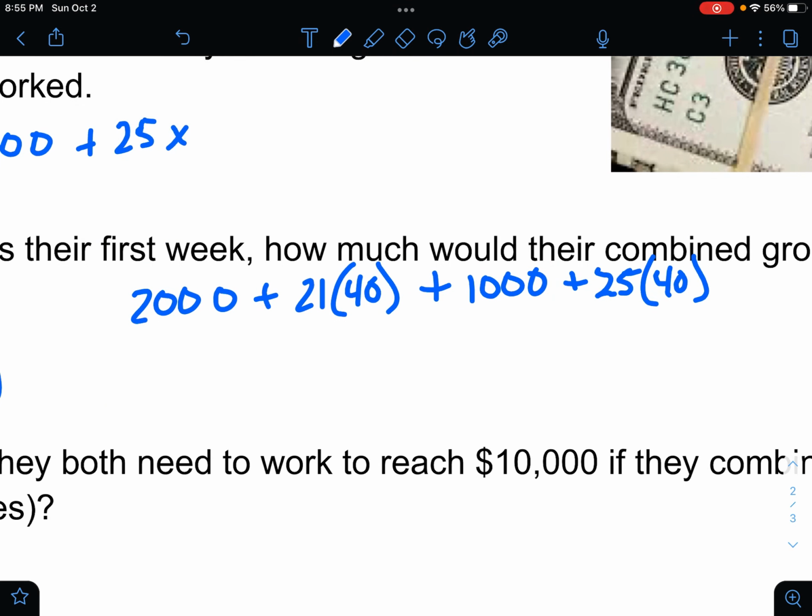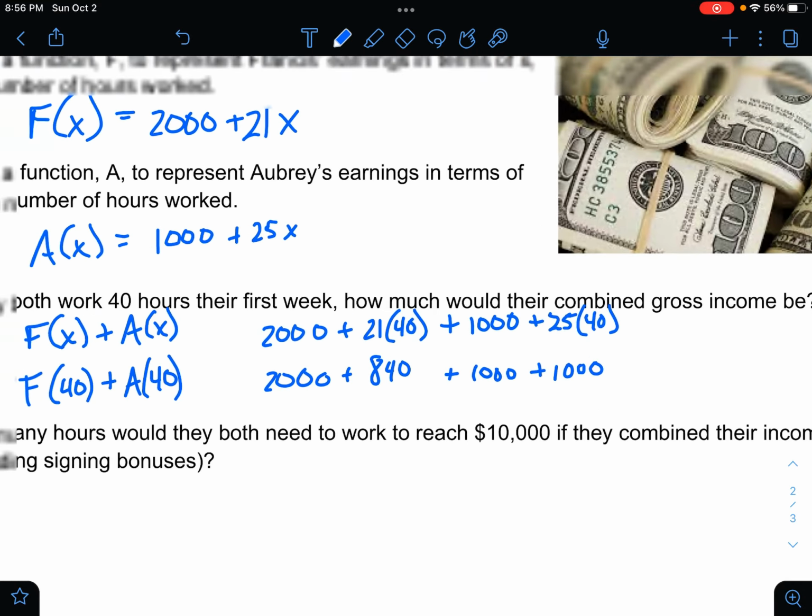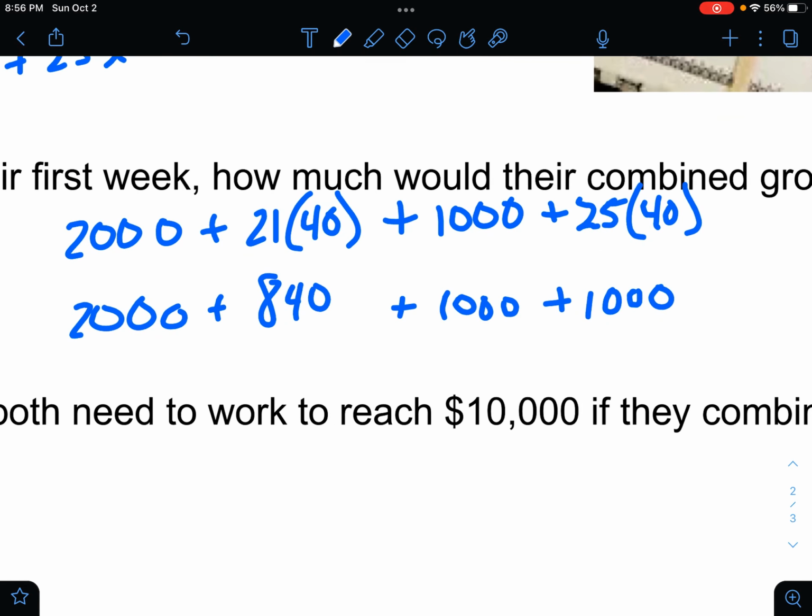Okay, so 21 times 4 is 84, so 840 plus 2,000 plus 1,000 plus 25 times 4 is 100, add the 0, right? So we're going to have another $1,000. So after 40 hours in the first week, they would earn a total of 840.